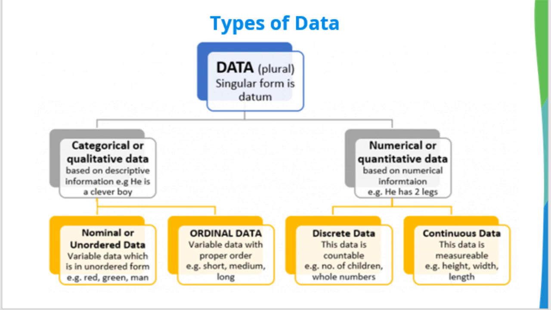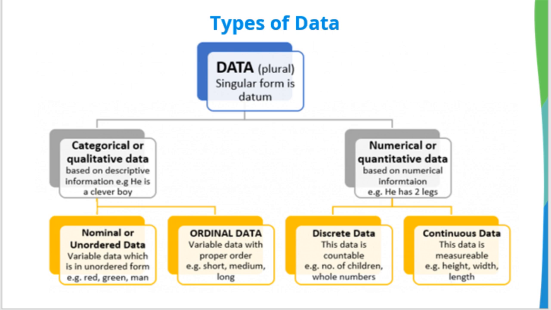Categorical data is otherwise called qualitative data, which is based on descriptive information, while numerical data, otherwise called quantitative data, is based on numerical information. So you have numerical information, which is countable, and descriptive information, which is describable.